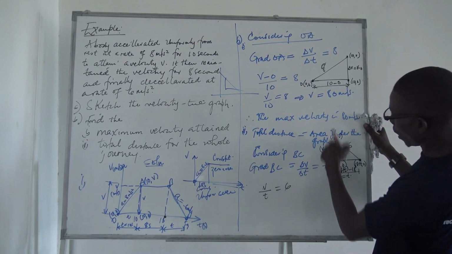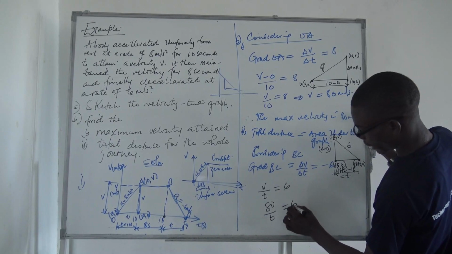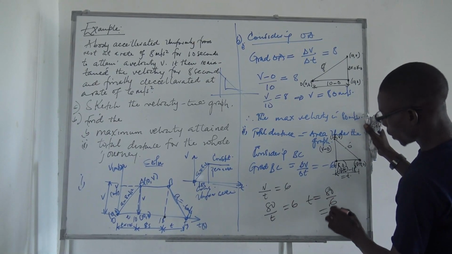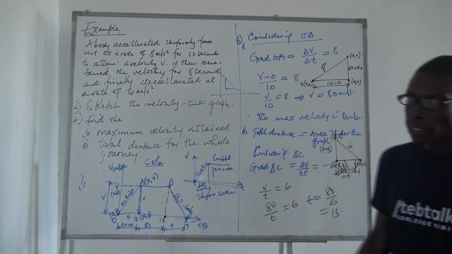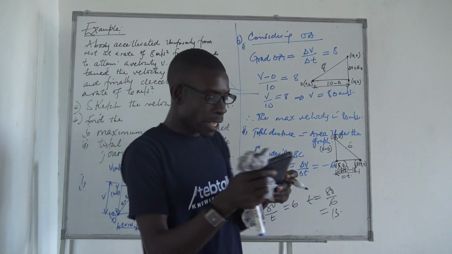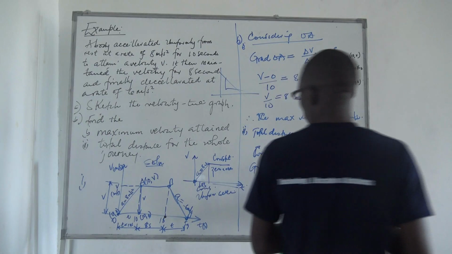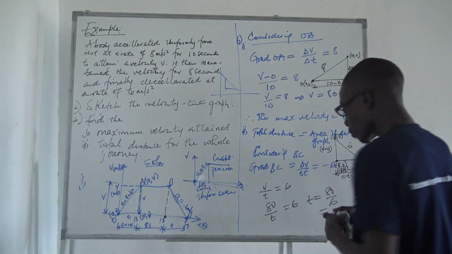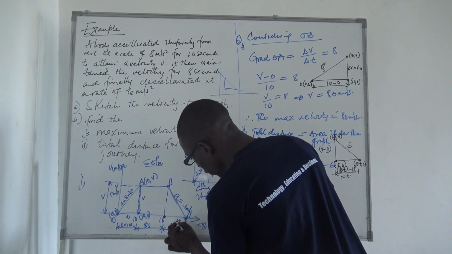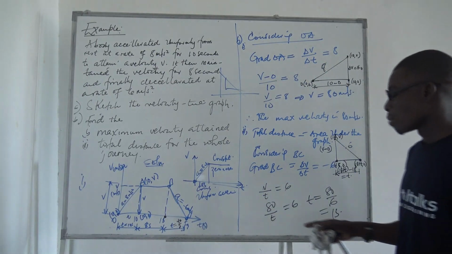So you can now say my V here is 80 out of t equaling to 6, and then t equaling to 80 out of 6, which is the 13 point something that we were getting here. 80 divided by 6 is 13.333.